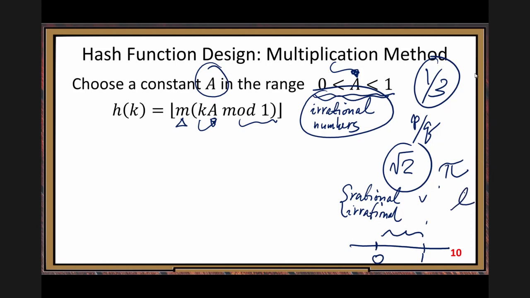Which type do we have more of? Irrational. We have more irrationals than rationals.